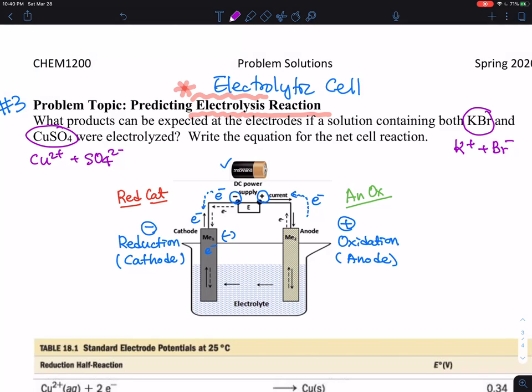As you can imagine, the positive ones can be reduced by electrons to get not copper, but potassium, the potassium ion, and here the copper. I guess you need 2 electrons to make copper, right? Whereas the other way, this one is going to be more like an oxidizing species.